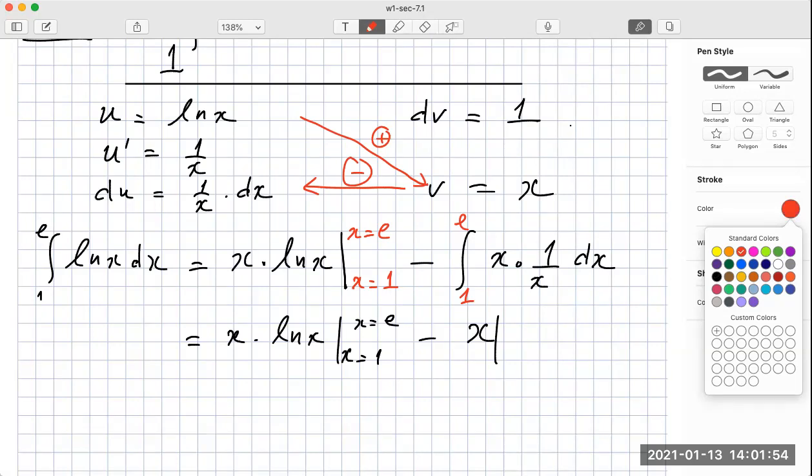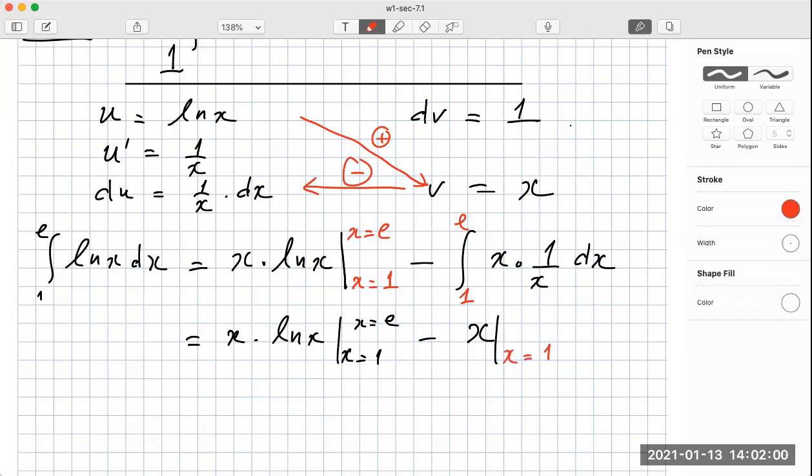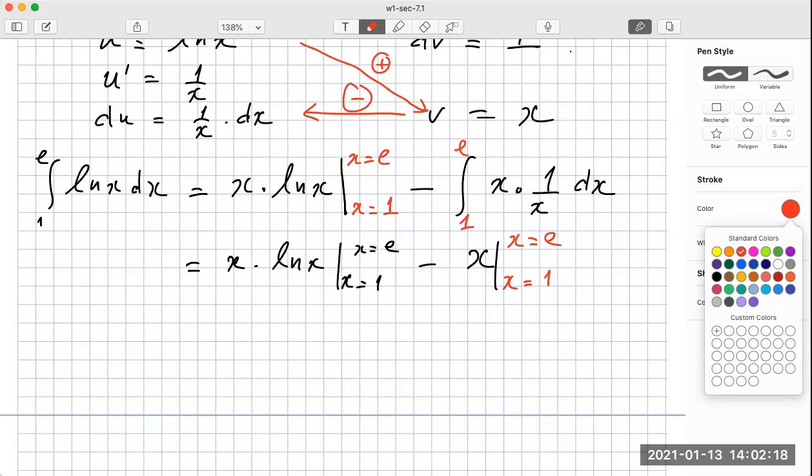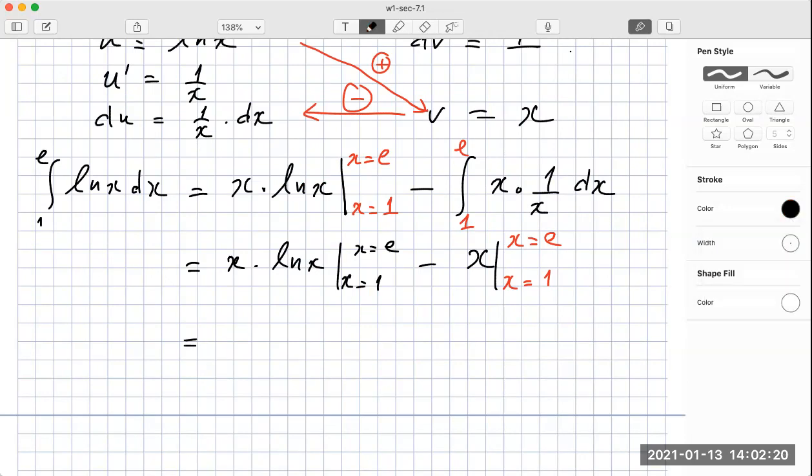Do we need to write it in details, or we skip this step and write it immediately? Okay. Are we good? Then, so we know the upper bound and lower bound, the fundamental theorem tells us that we substitute the value of the upper limit.